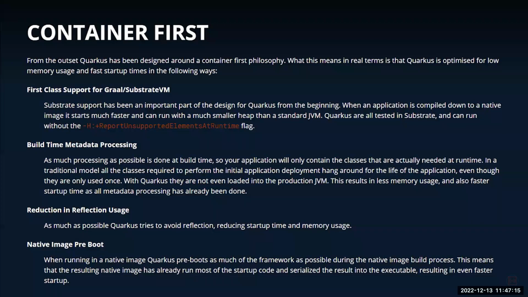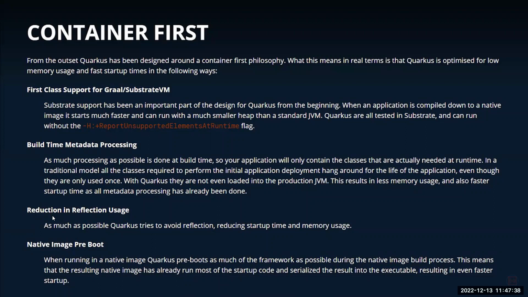In turn, it ensures that low memory is used for our application and useless classes are removed during runtime. All these processes happen at build time, so Quarkus easily takes care of ensuring low memory usage and faster start.